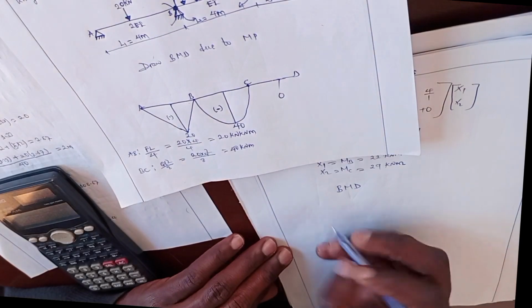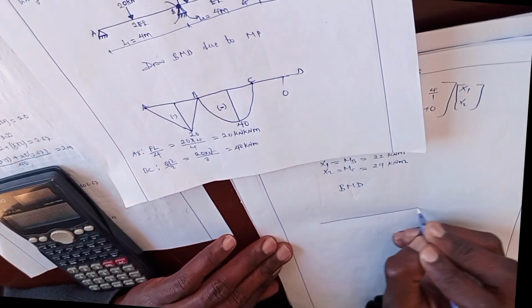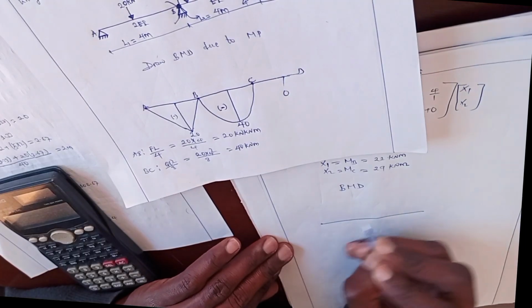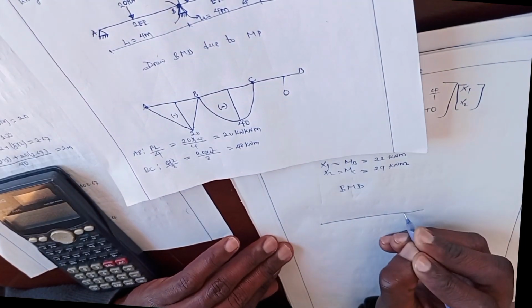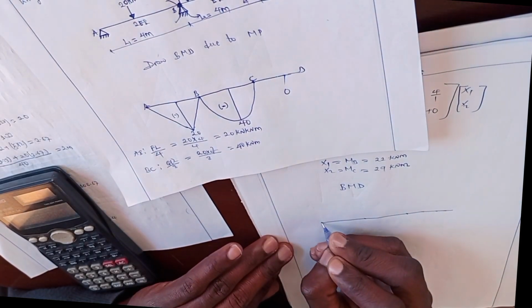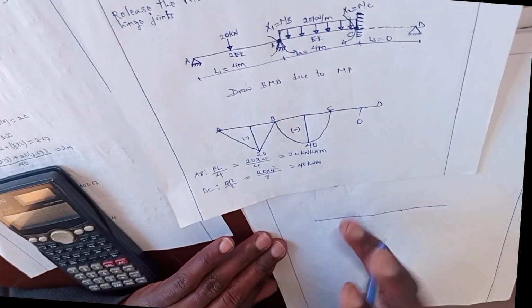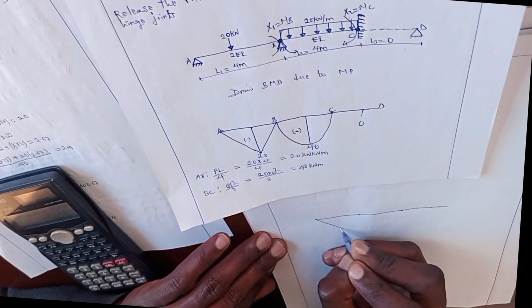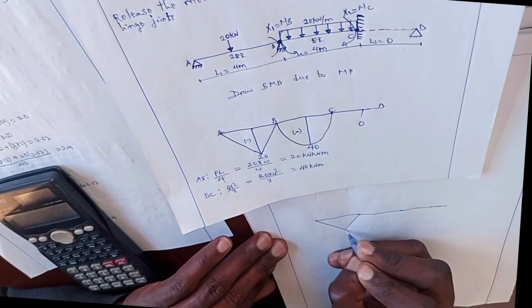Now, final bending moment, it will be in this way. This is point A, point B, point C, point D. Now, bending moment diagram for member AB due to distributed load was in this way.